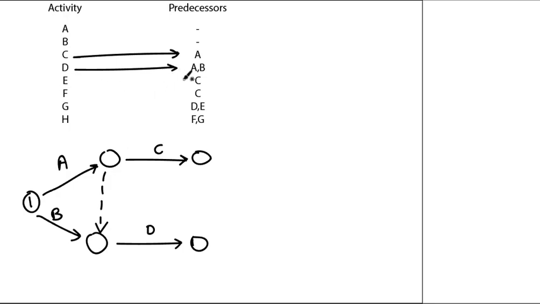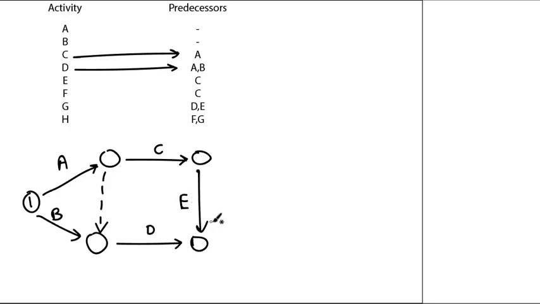So E and F come from C. For now, E comes from C and F comes from C. G comes from D, E. See this, G can only start when D and E are completed. Now E is in one direction, D is in one direction. So what you have to do? Yes, you are right. So E will come like this.